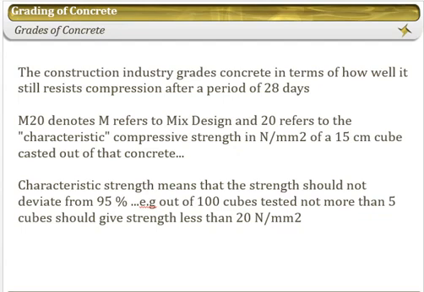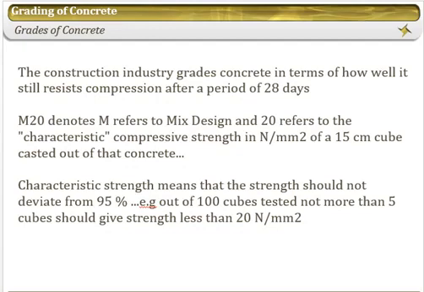How to find the characteristic strength? Firstly, we prepare a cube of 15 centimeter. It is cast, and after some time of curing, we test the cube by CTM machine after 28 days. That strength represents a characteristic strength.